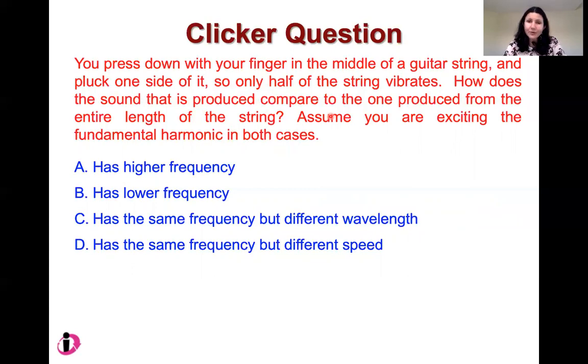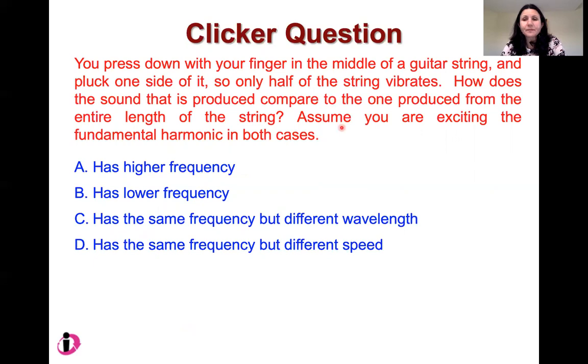So what is the point of that? If all you had to work with is those 5 strings, or however many your string instrument has, then that means you could only produce 5 different frequencies. So there's another way that you can produce different frequencies, and that's by changing the length. So I'm kind of already giving you some of the answers here.